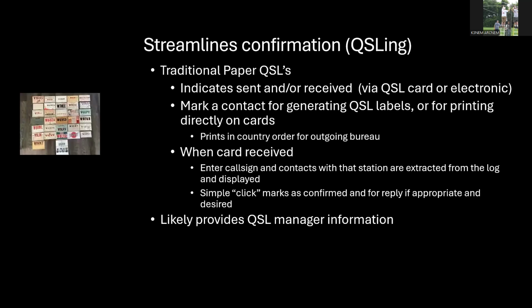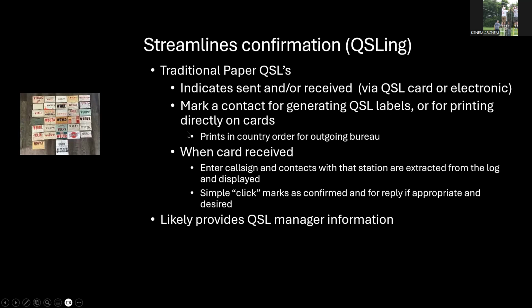So let's talk about that a little bit. With a traditional paper QSL, like the ones you see in the picture here on the left, you fill out all the information that I just said by putting it into the computer. And then you can mark that contact for generating labels to go on your QSL card, so you don't have to write out these things by hand.